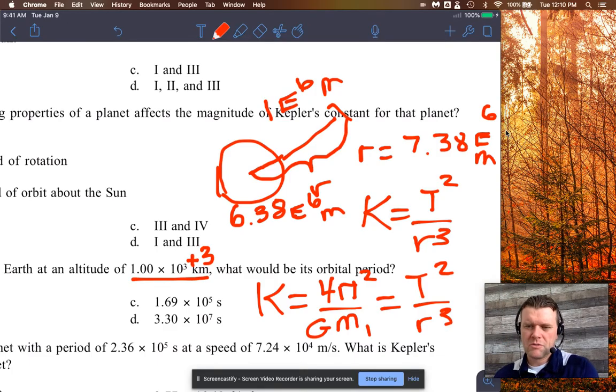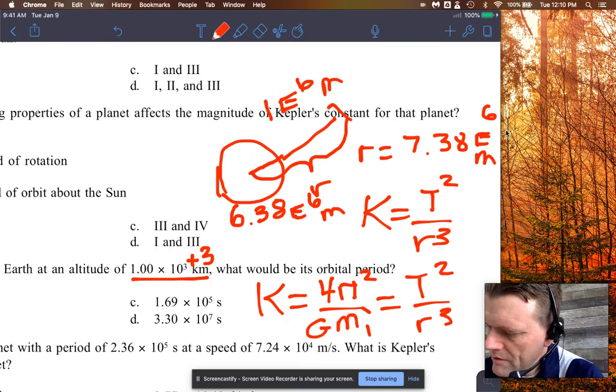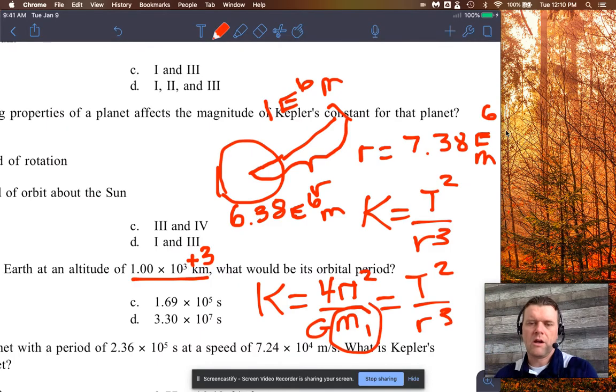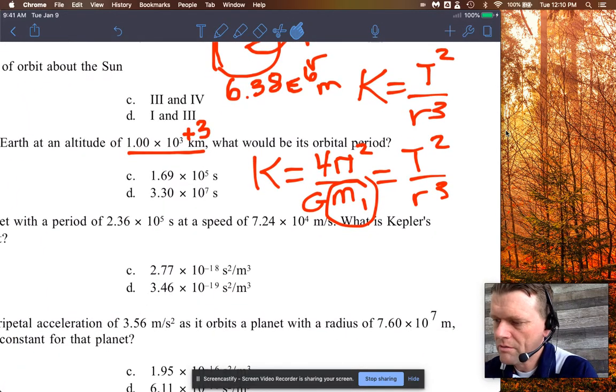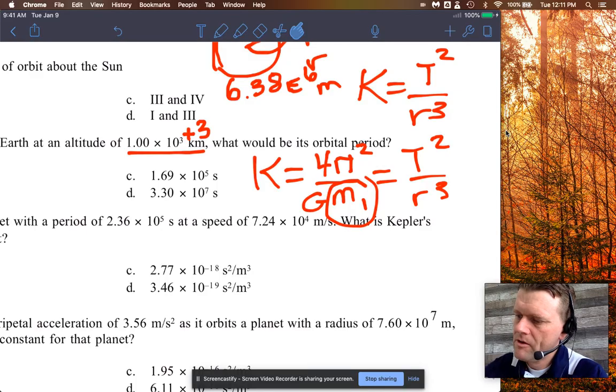The power in this math is, yeah, we don't know Kepler's constant, but we do know the mass of the Earth. Again, from your formula sheet, that's 5.97 times 10 to the 24th kilograms. This gets a little crazy, but we can manipulate all of this to solve for T. I'll erase all this afterwards because it's getting messy, I just wanted to show you my steps.